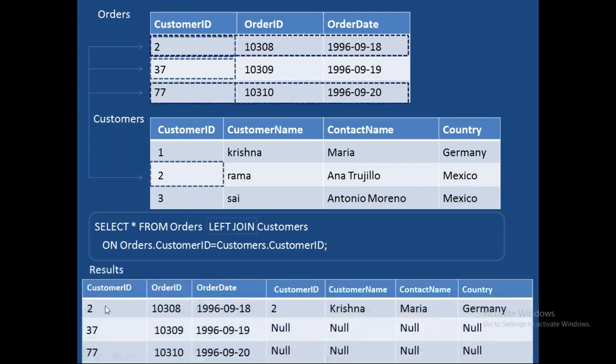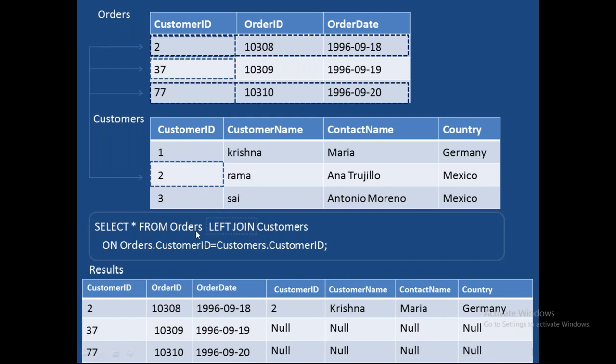My result is something like this. The second record is matching with the customers, but 3 and 7 are not matching. We only have order information, but the customer names and other details we don't have in the customers table. That's why these are null.